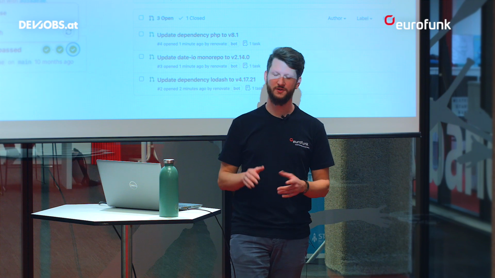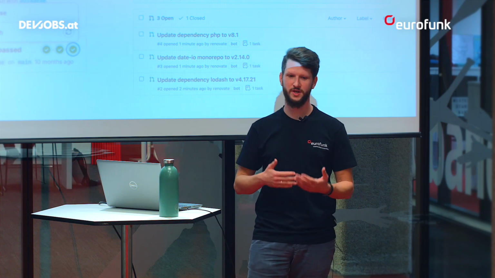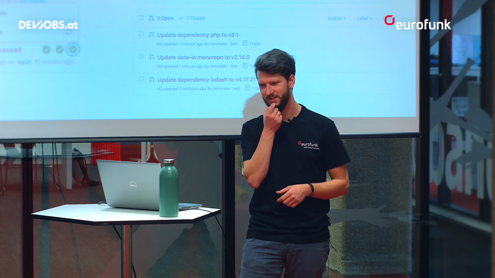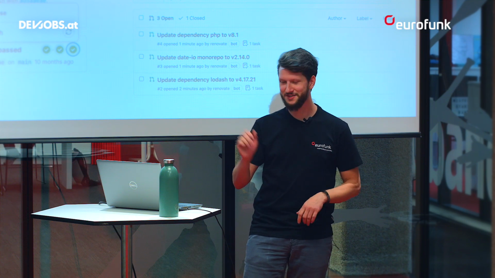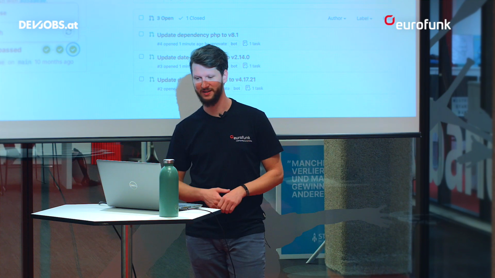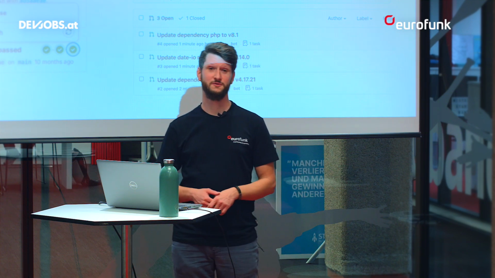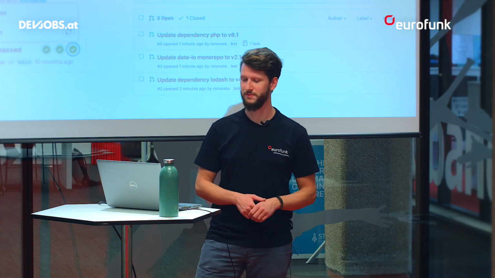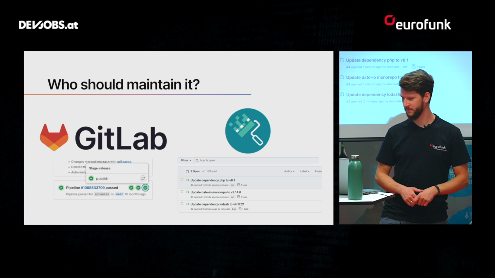So there is no manual periodic task needed for, do we need to update this library? Do we need to update that library? No, it's just there. Renovate just creates a pull request for you, and you have to have a look at it if it's okay or not. Maybe you have to do some manual adaptations, but very often you just hit merge.